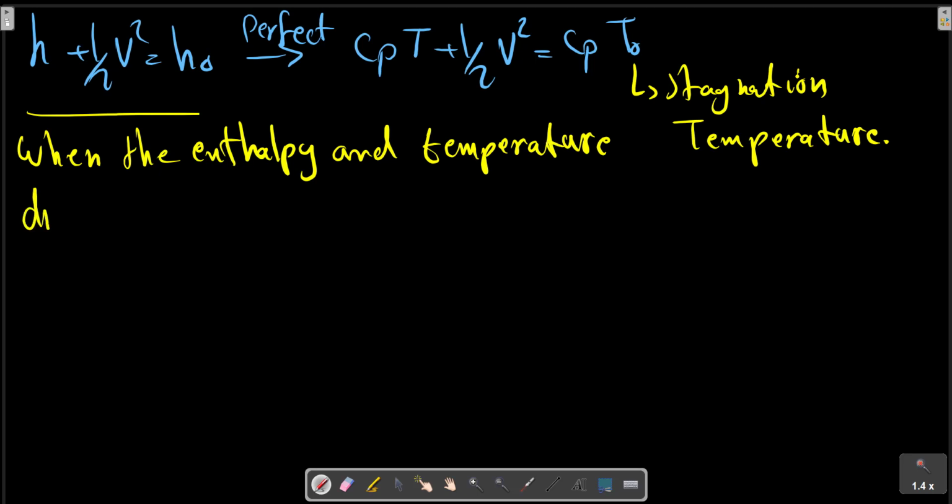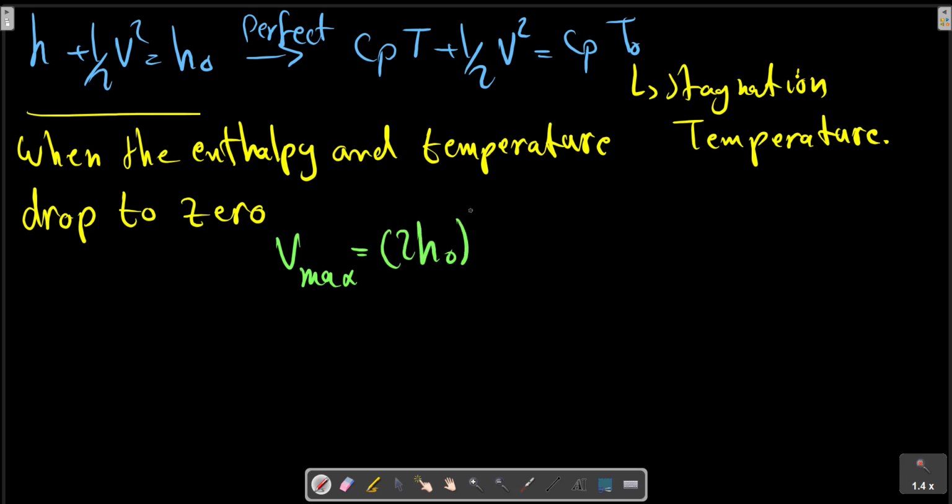Vmax, the maximum velocity, equals the square root of 2 h0. No higher flow velocity can occur unless additional energy is added to the flow through shaft work or heat transfer.